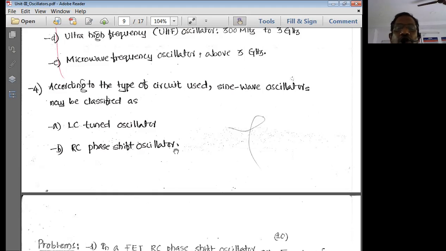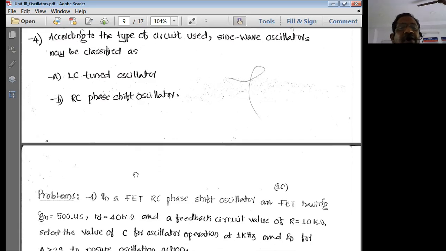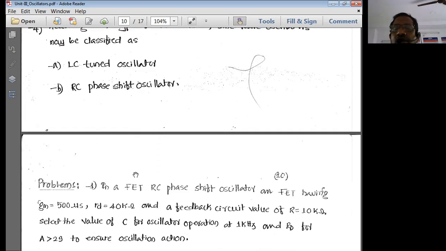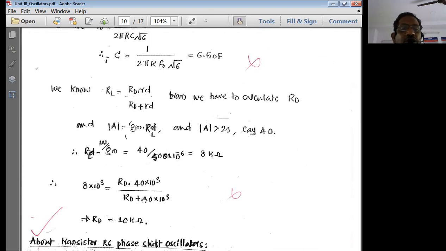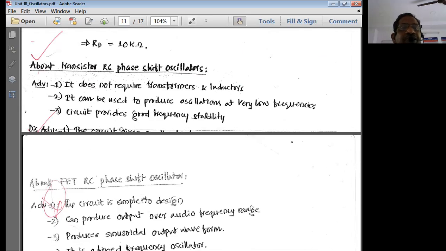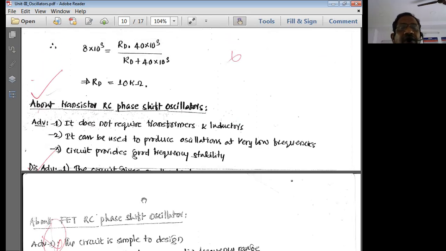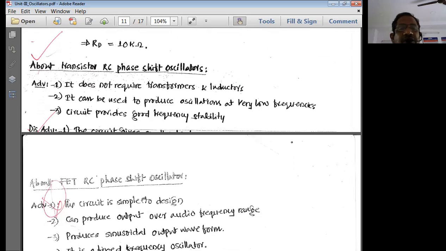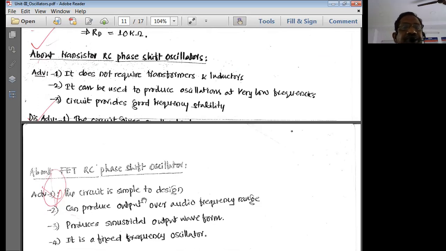The feedback is the same whether we use a BJT or an FET transistor to construct an RC phase shift oscillator. So if you know the derivation for either FET or BJT, you can do the other very easily. So no need to bother about those things. Problems we'll see later after we complete the entire theoretical part.